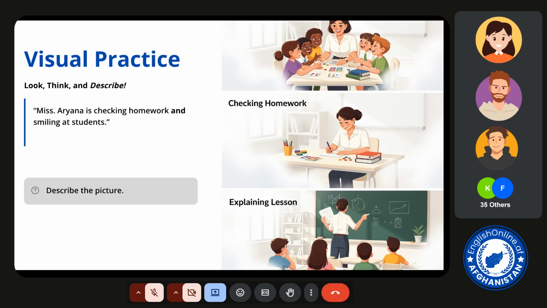Tuesday is a favorite day for all the students because they play a game with the teacher, and the teacher always arranges amazing activities for all students, and she always plays games with students. The game is colorful, and in the second picture, a teacher is checking the English homework.